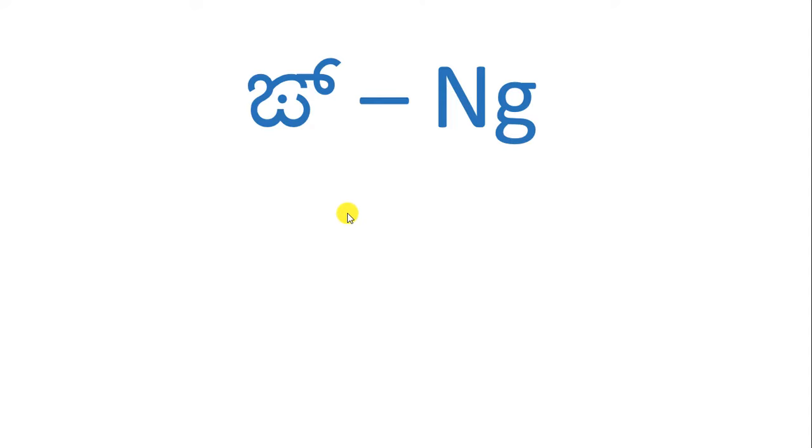The next root consonant is rather a difficult one for pronunciation for you. It is rarely used in Kannada also, and there is no usage of it in English. The root consonant is pronounced as nga. Okay, nga. So it may sound funny, but that is how it is pronounced.